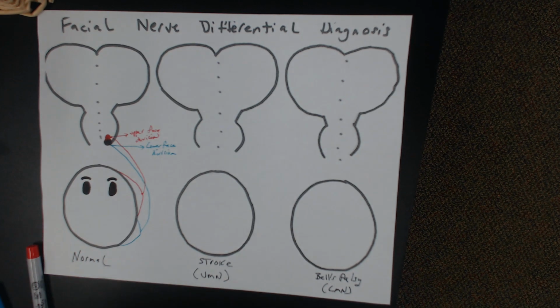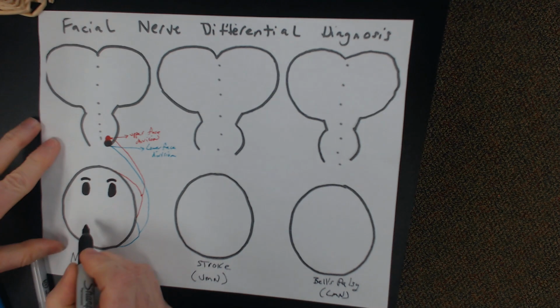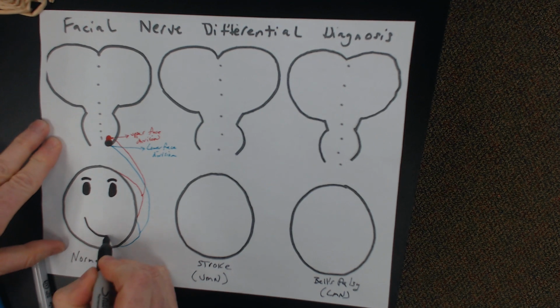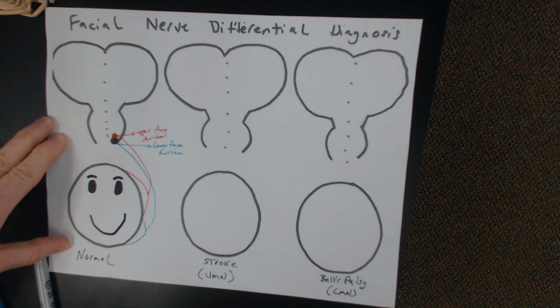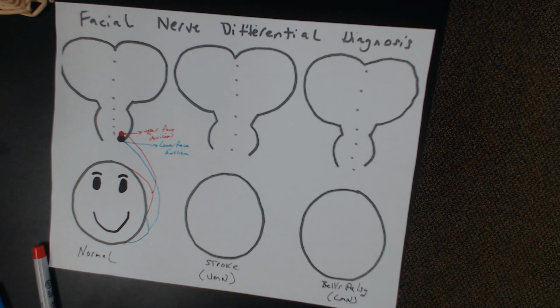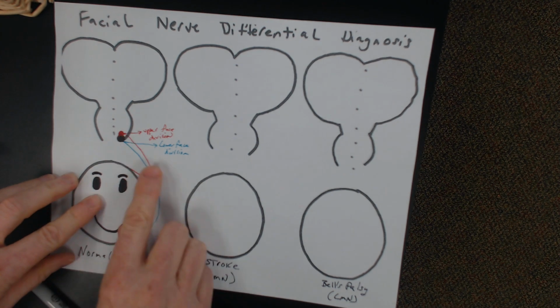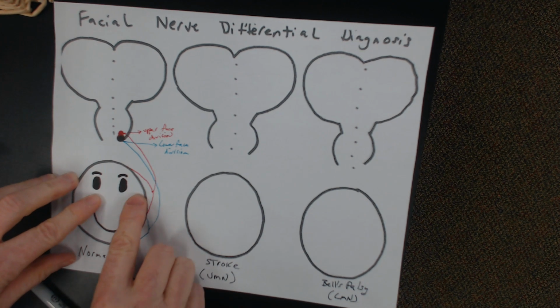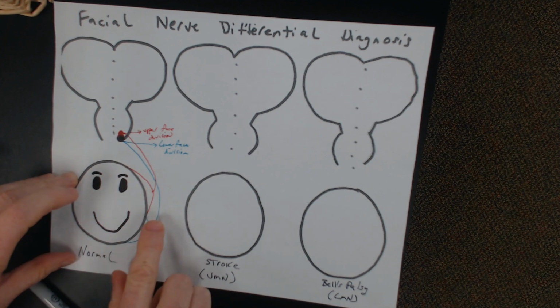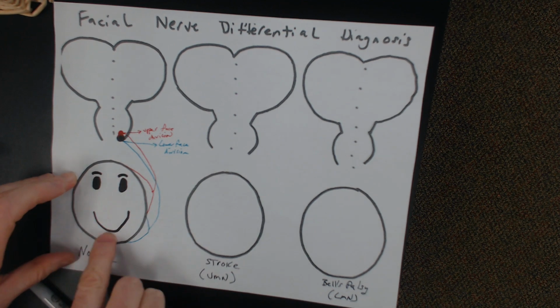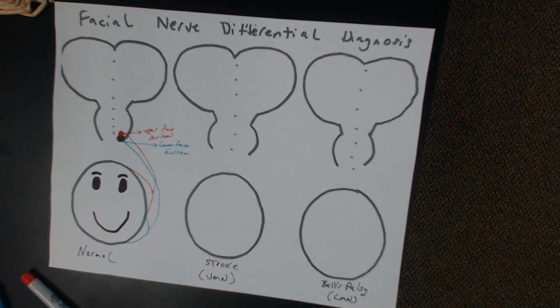Okay? And they're also going to have a nice symmetrical smile. Okay, so by looking at the picture, you can see that the upper face division of this nucleus is responsible for innervating the eyes and the eyebrows, and the lower face division innervates the smile, essentially, making it really simple.